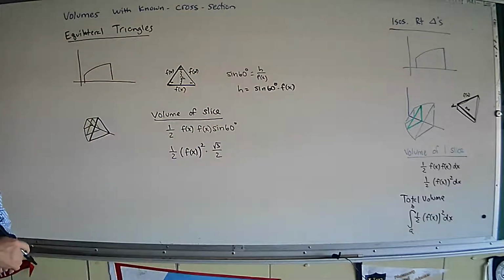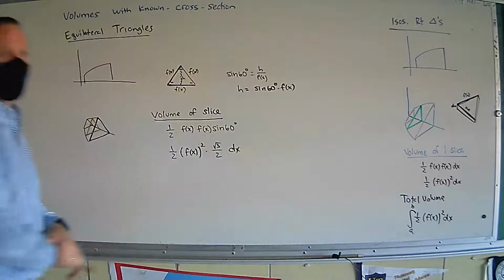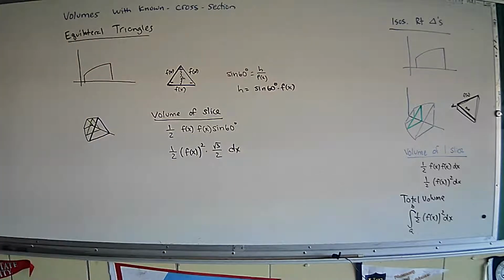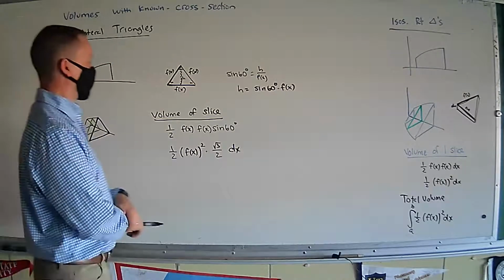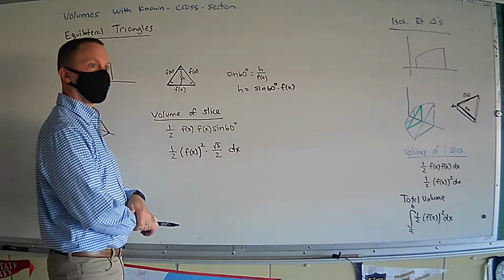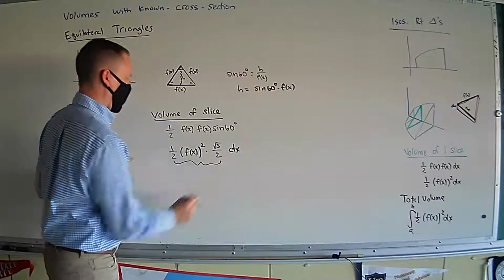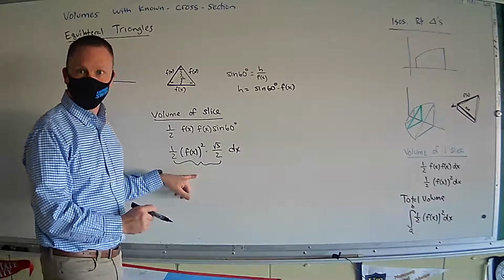So what's the total volume? I do need the dx. Thank you. You would have caught that. Because what's the dx, Becca? The thickness, right. This right here is just the area of that cross section.